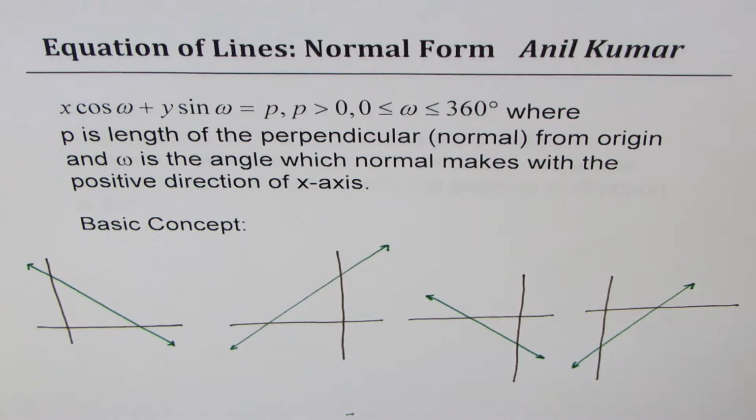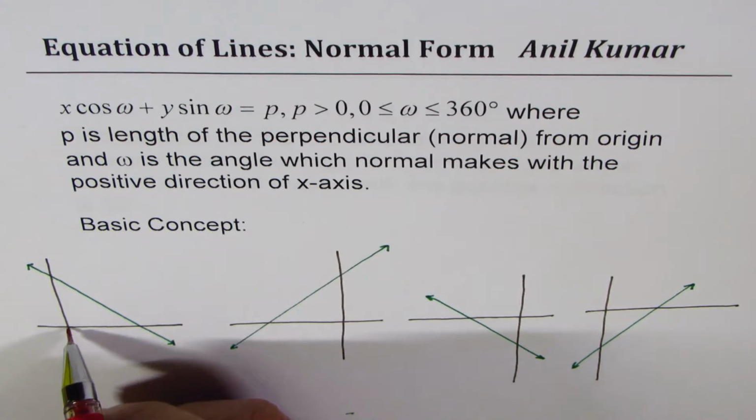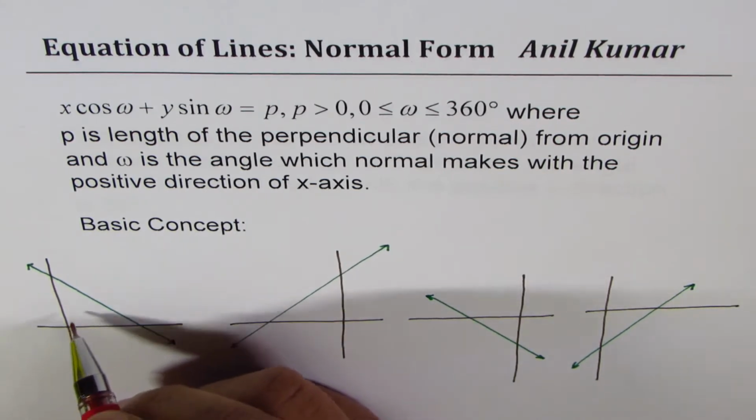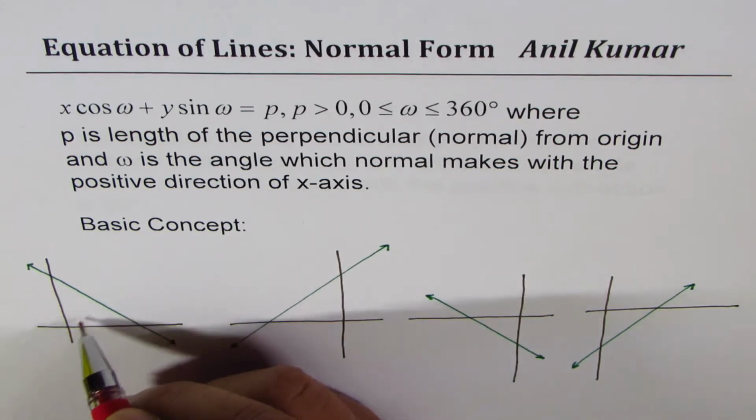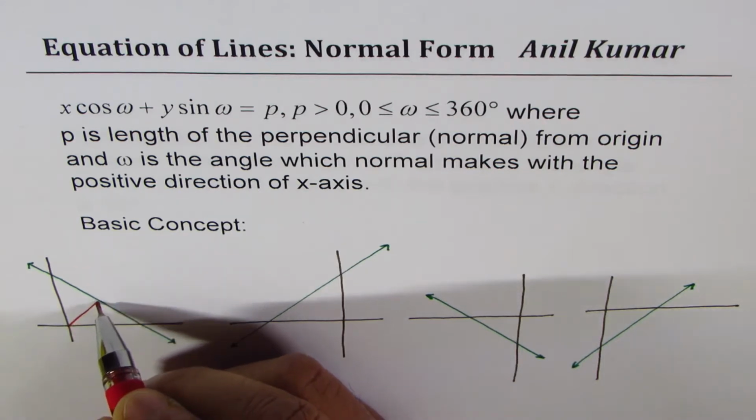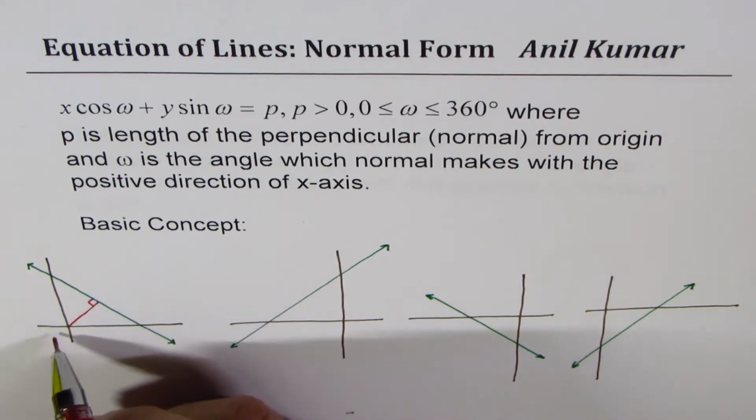Okay. So if we are given a line like this, then from the origin, we can always draw a perpendicular to the line. Let's say this is the perpendicular to the line from the origin.